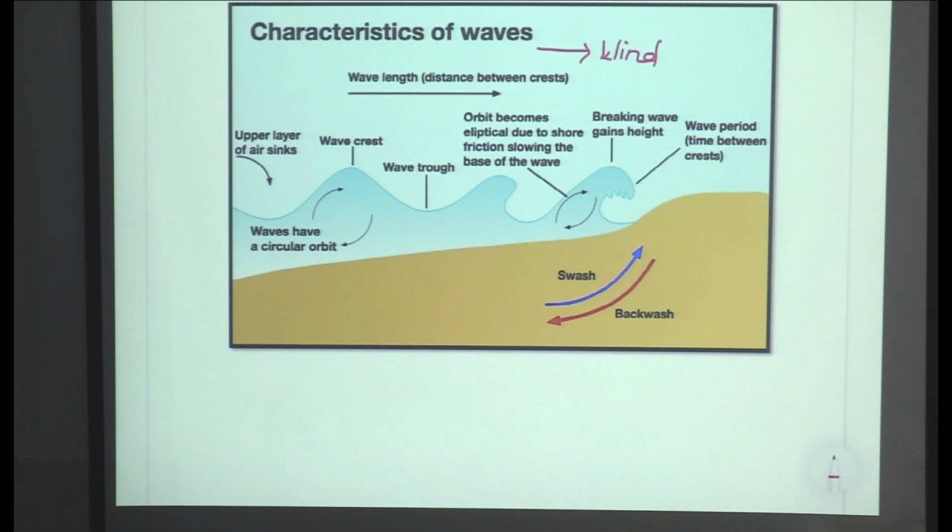Drag effect of wind has created the movement of the water molecules. Now, if I take upper layer sinking and wave crest developing, what exactly is happening is that the waves tend to rise up under the drag effect of wind, and then due to gravity fall down, and it is therefore that it develops wave crest and wave trough.